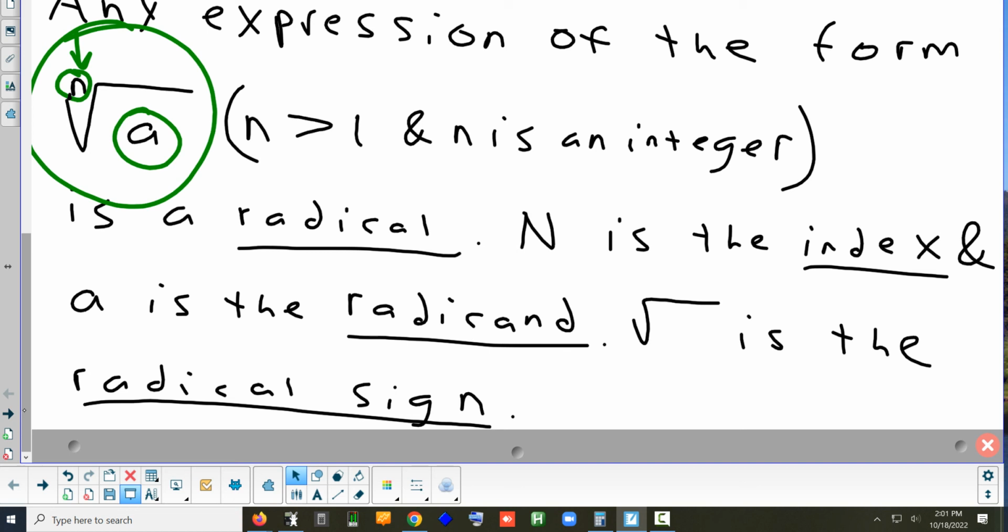So just a few terms that you're going to see pop up. Index, radical sign, radicand, and radical. Does anybody have any questions on what those different words mean?